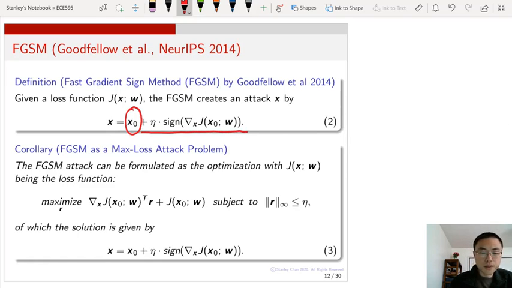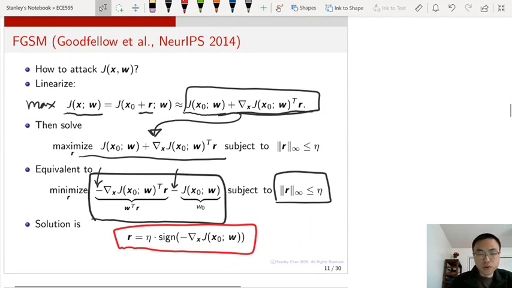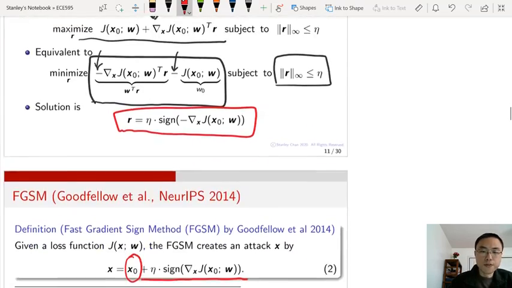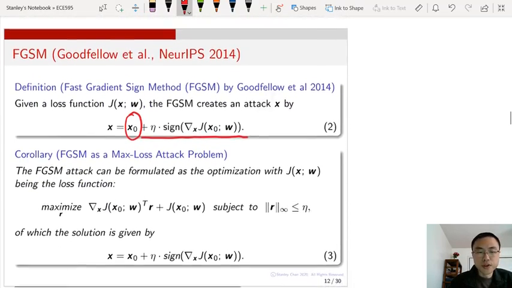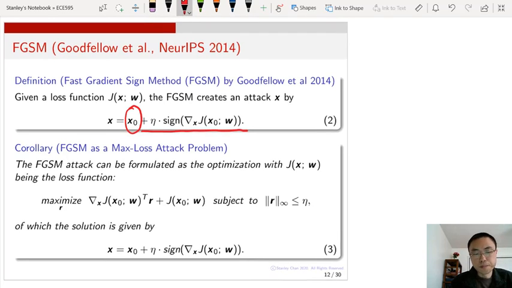Now it becomes a plus because previously it was a minus, but then you have also another minus here, and therefore the two minuses cancel out, and it becomes a plus. So the corollary is that this FGSM is actually indeed a maximum loss attack. It says that the FGSM can be formulated as an optimization by solving this problem.